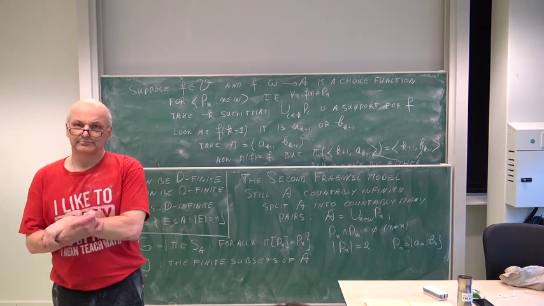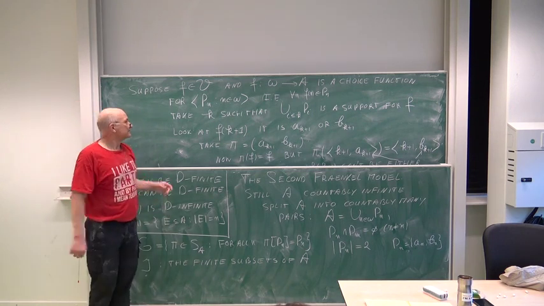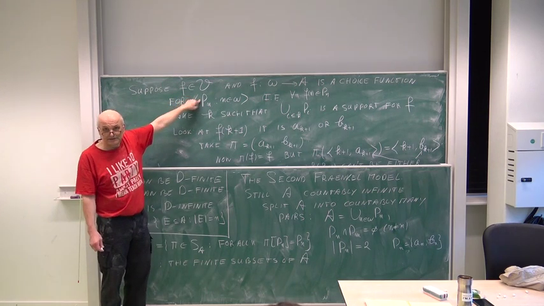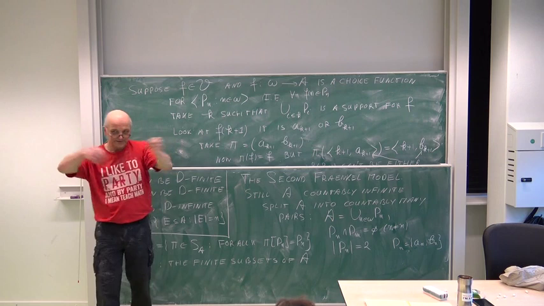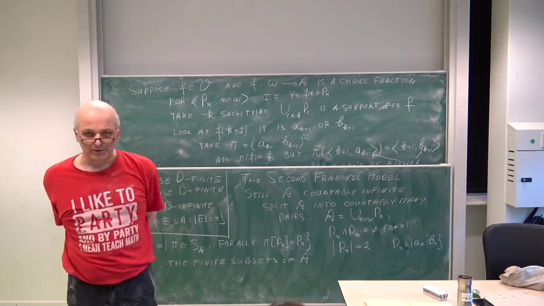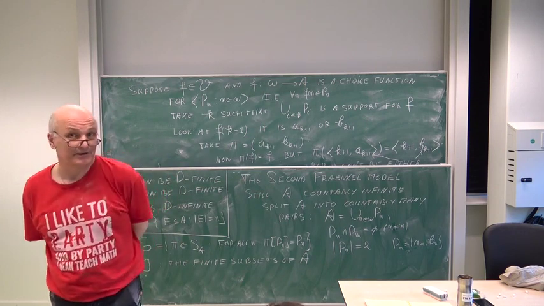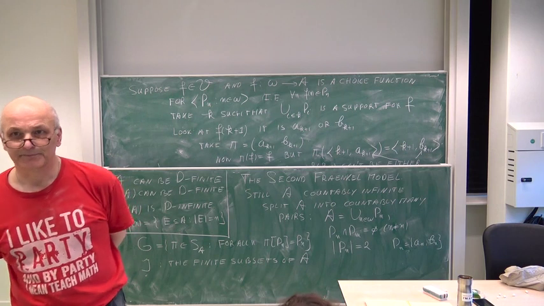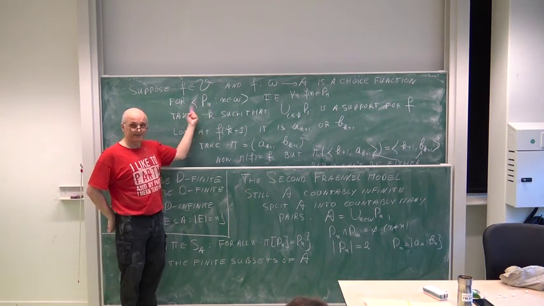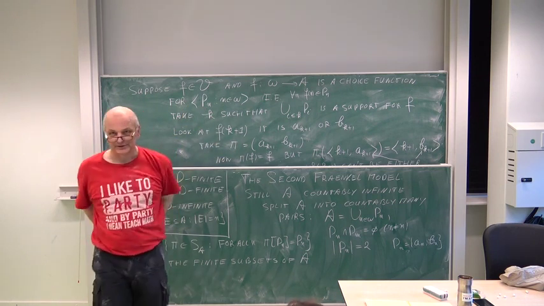The function would go from omega to the elements of the sequence. I mean, this is a bijection between omega and the set of pairs. So I just compose that bijection with the F that I'm talking about, and then I would have had a choice function. Because the point is, P_n goes with n, and n goes with the choice, so P_n goes with the choice as well.